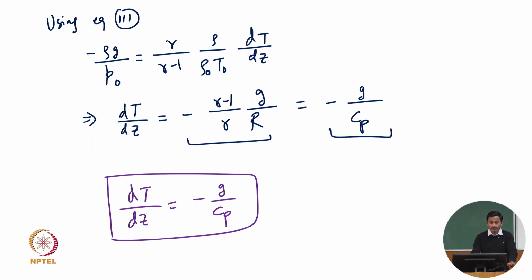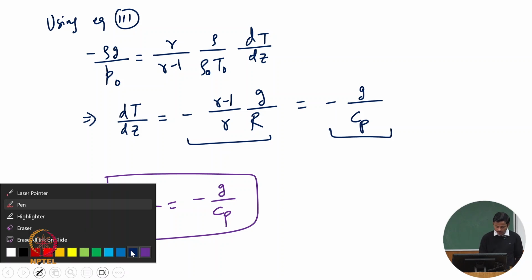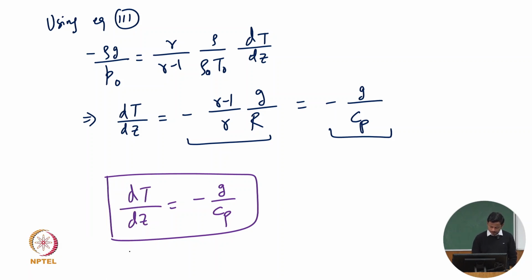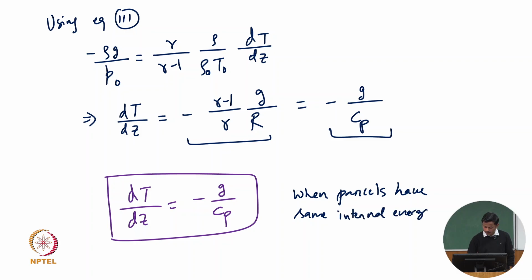We took a system where the parcels have the same internal energy, and this is the temperature gradient that we get for that system. So we get the variation of temperature with height as minus g by Cp, and hence temperature should decrease as we go upwards from the surface.